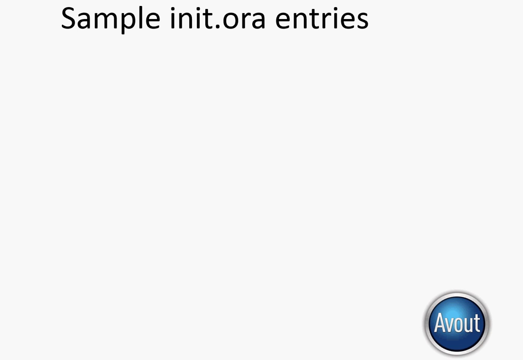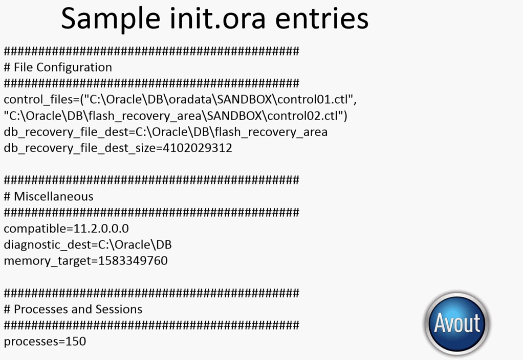So let's take a look at what a typical init.ora file looks like. This is just a small piece of it. As you can see, there are pairs of parameters and values. In the first line we have here, everything that begins with a pound sign is a comment. So the first line here we have something called control files, and because we can have multiple values for our control files, they're enclosed in parentheses.